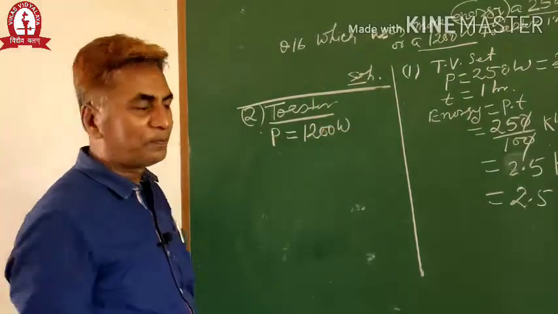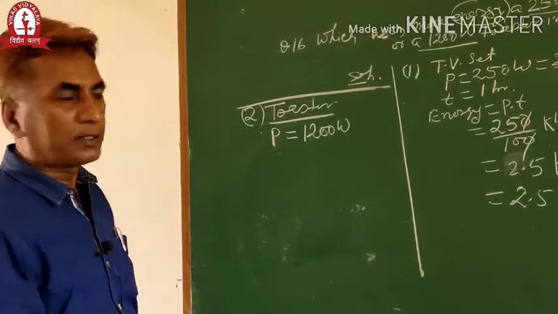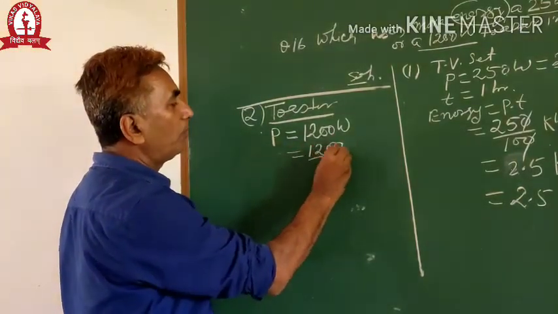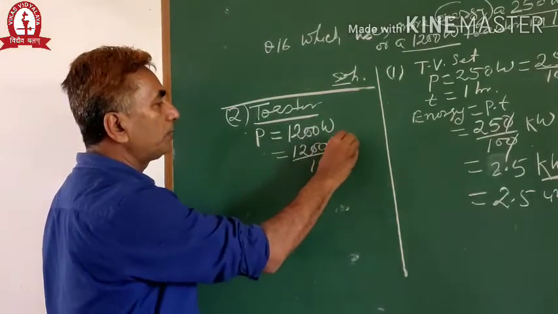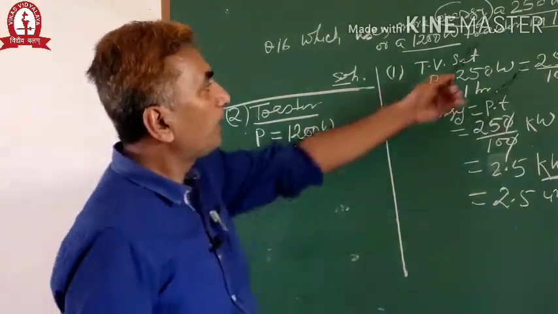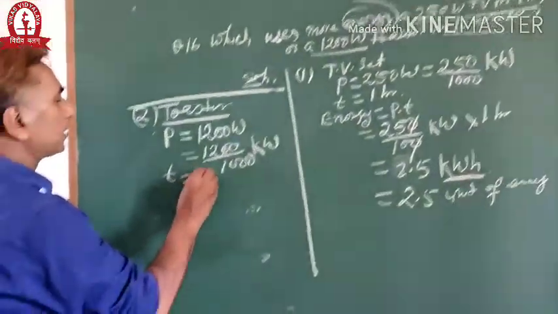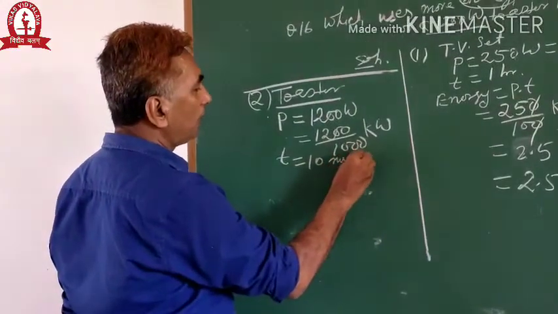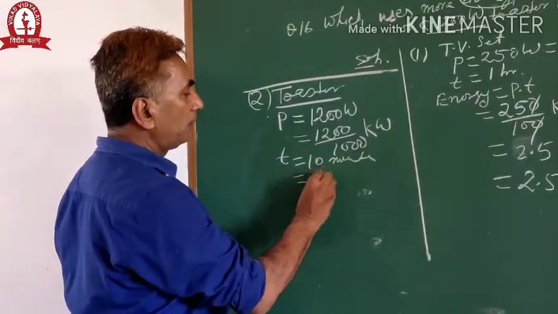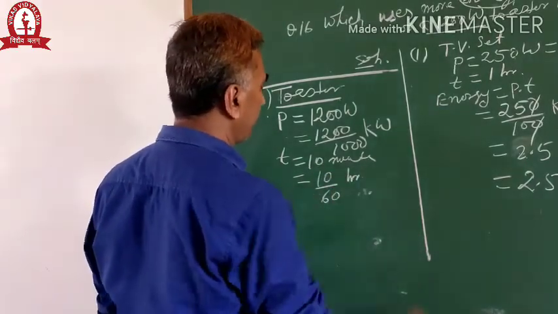Again take this value in kilowatt, so this becomes 1200 upon 1000 kilowatt. What about the time? Time is given as 10 minutes. So write T is equal to 10 minutes. But I have to convert it into hours, by dividing it by 60.